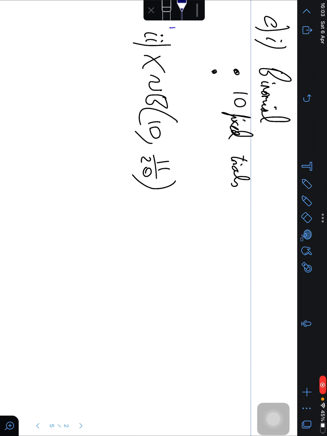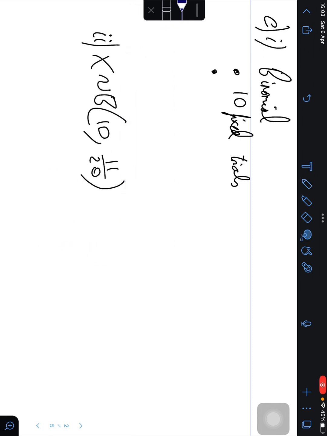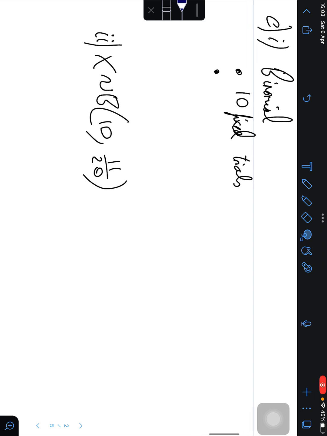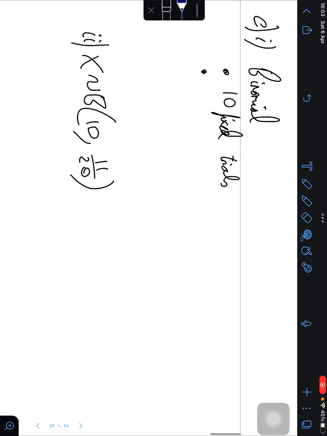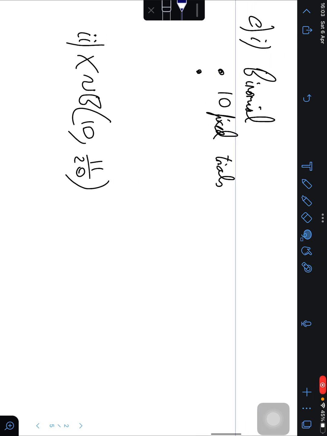Because we know how many trials we're doing, that's one clear indicator. Another is that there are only two possible results, success or failure. Binomial is always success or failure.